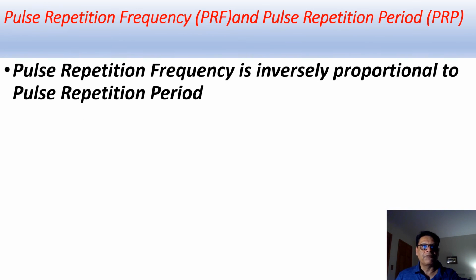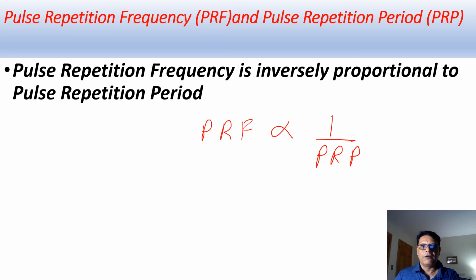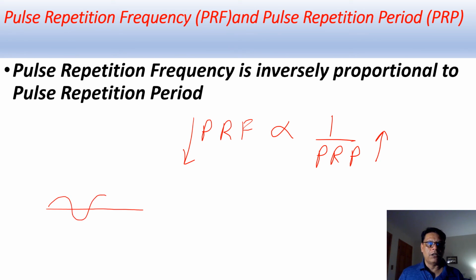So pulse repetition frequency and pulse repetition period are inversely proportional. If I write this, pulse repetition frequency is inversely proportional to pulse repetition period. If pulse repetition period increases, pulse repetition frequency will decrease. And you know what the pulse repetition period is: pulse repetition period is on time plus off time.